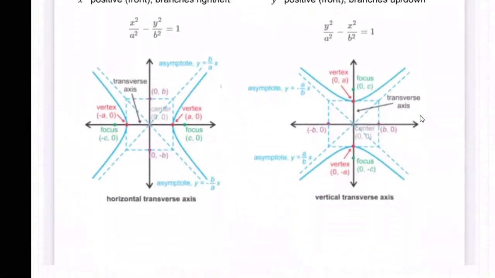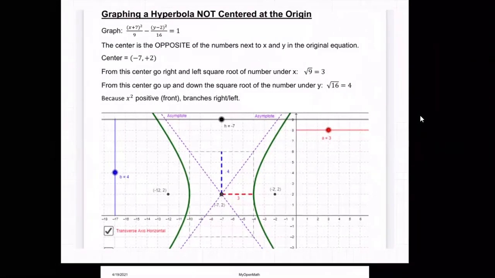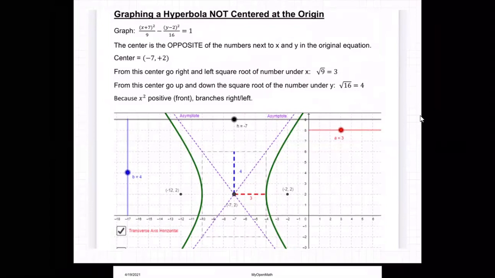Well, that's where, if we turn right here, graphing a hyperbola not centered at the origin, this is in the notes for you. How do we do that? Well, first off, it says the center is the opposite of the numbers next to x and y in the original equation. So see how we got a plus 7 here, and that's going to be minus 7, and a minus 2 here, and that's going to be plus 2.